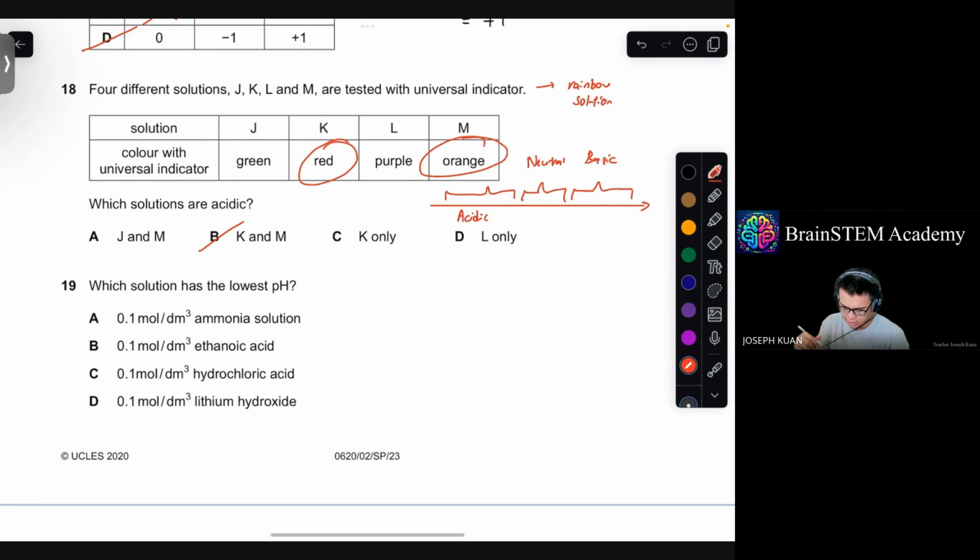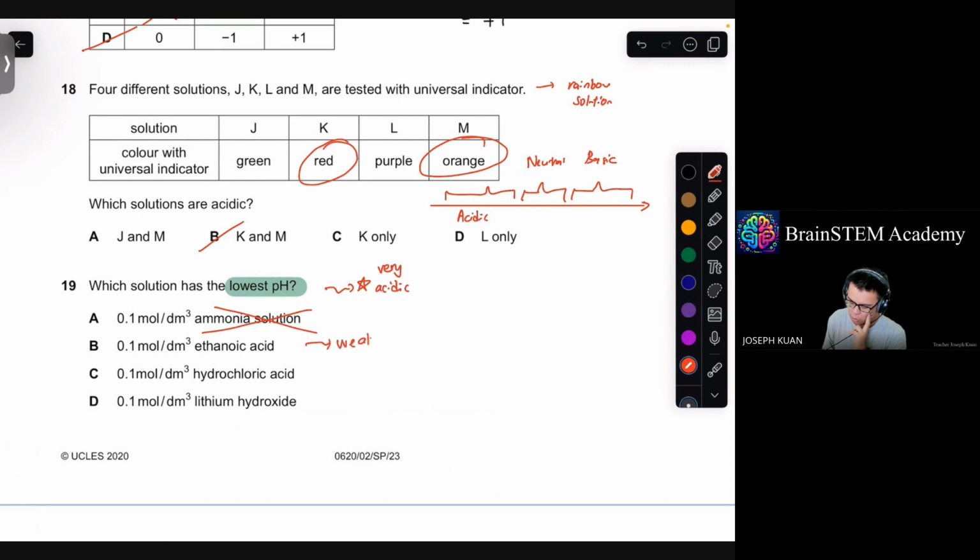Let's look at question 19. Which solution has the lowest pH? When a solution has very low pH, it means that it is extremely acidic. So, A, ammonia solution is alkali. B, ethanoic acid. Now, this is a weak acid.